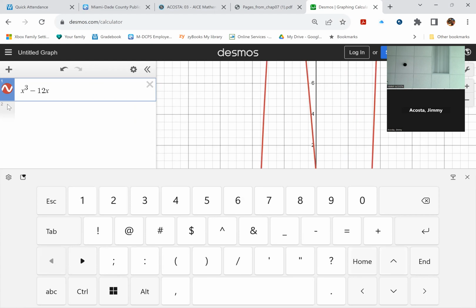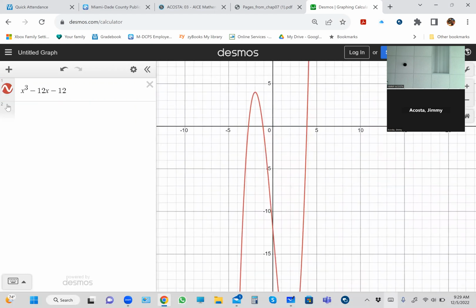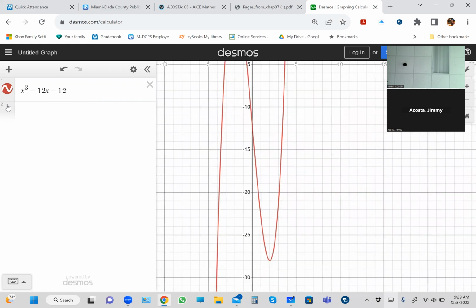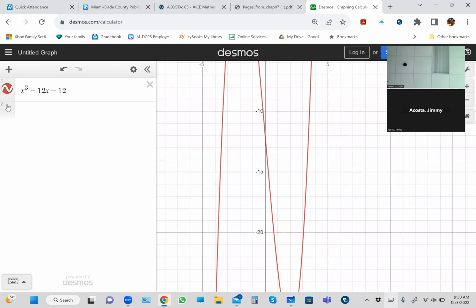Now look. All right. So this is what we have, right? Now look. It's 2 comma negative 28. 0 negative 12. Now watch what happens if I do this.